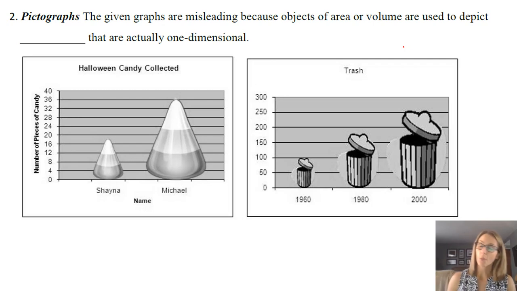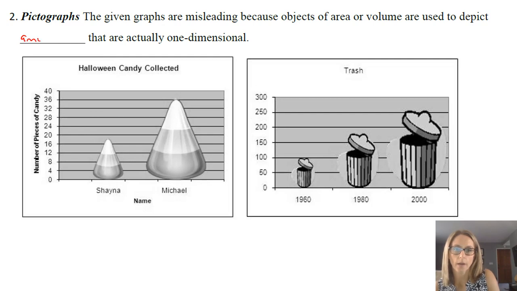And then the last thing, we really will not see pictographs in this class. Typically they can be really quite misleading because they take these pictures which are meant to convey something. Notice that the pictures are 3D. So you've got this candy corn and it looks like a real piece of candy corn, or a trash can looks like a 3D trash can. But it's denoting data that's two-dimensional.